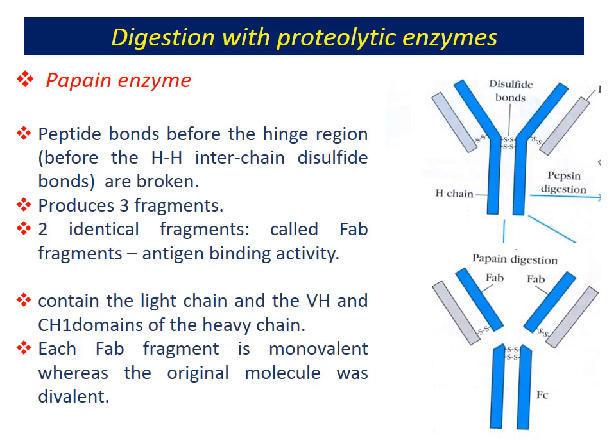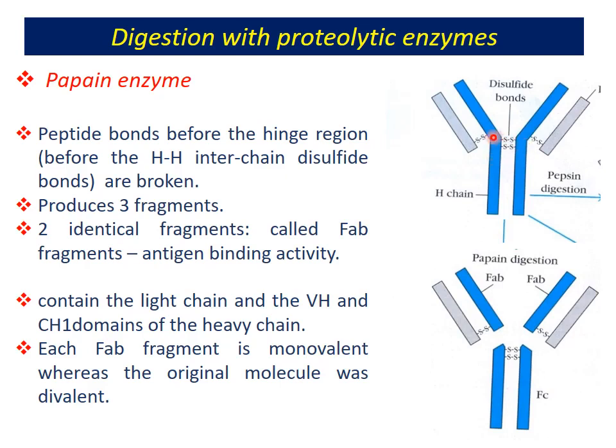So if we digest the immunoglobulin with papain, we all know papain is an enzyme present in the papaya. So the papain enzyme cleaves the bonds before the hinge region, that means before the HH interchain disulfide linkage.